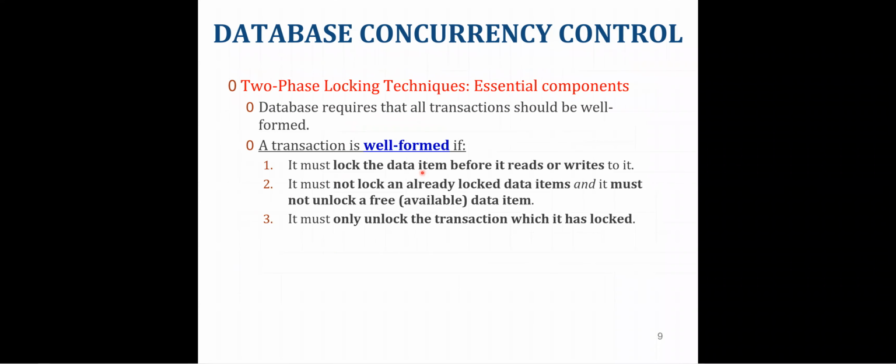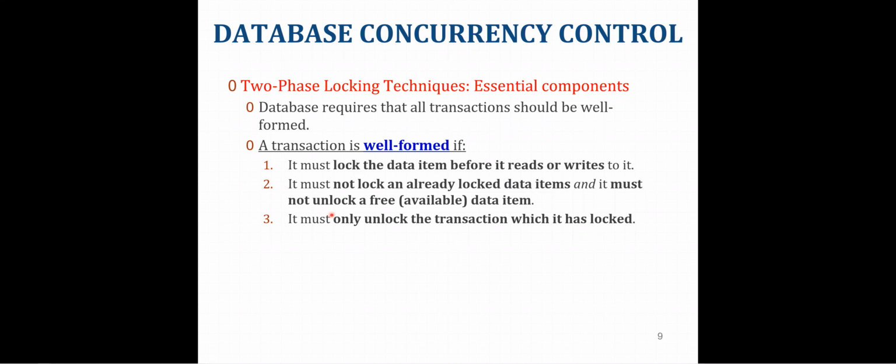It must lock the data item before it reads or writes to it. So before you read or write, you must lock it. You cannot go and read or write directly. You have to lock. It must not lock an already locked data item. That wouldn't make sense. So if it is already locked, you don't need to lock it again.